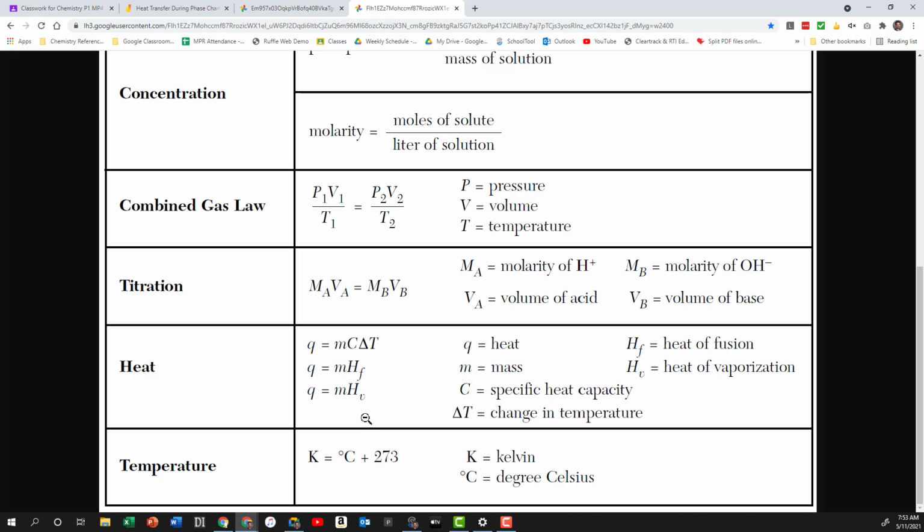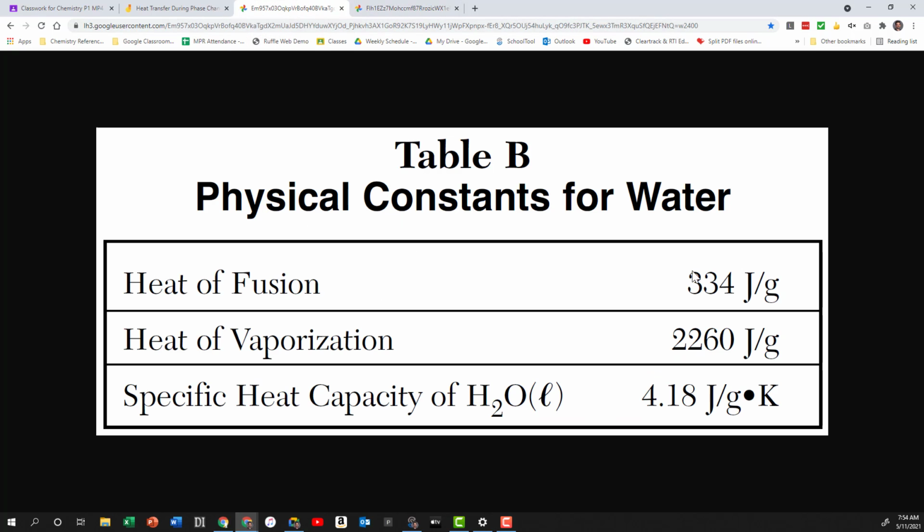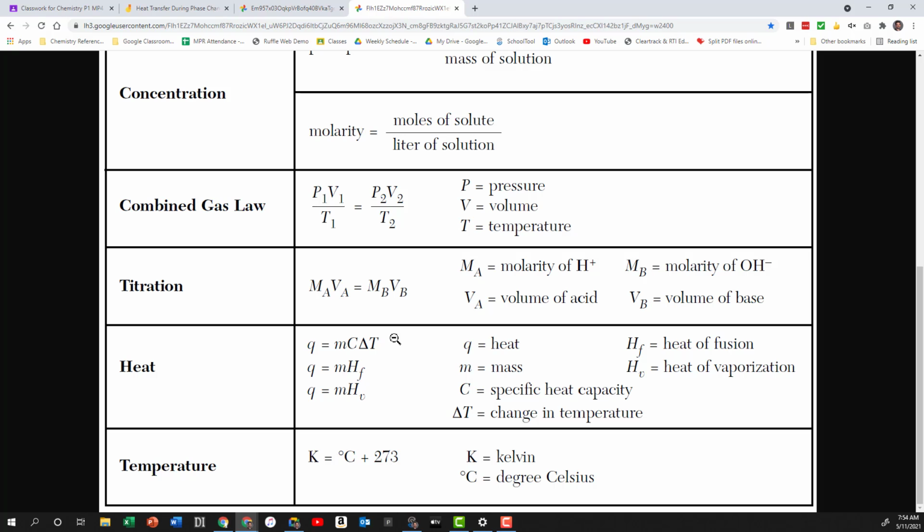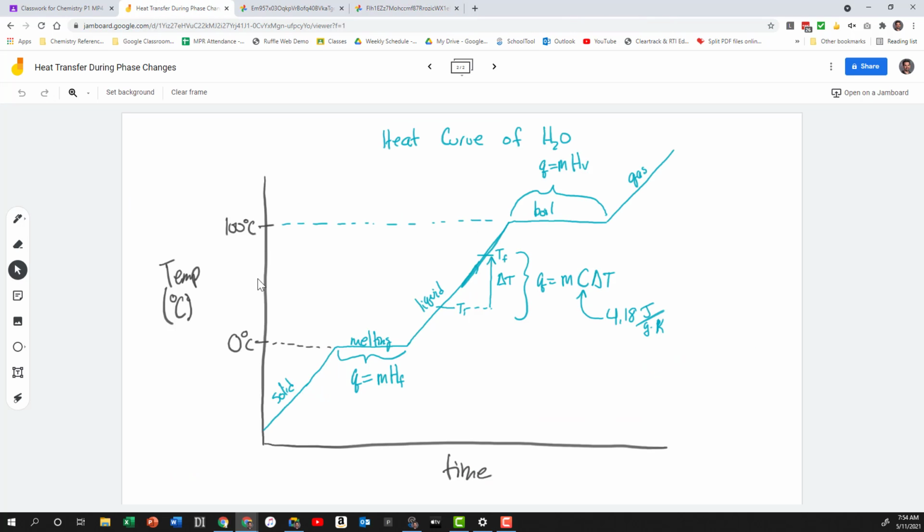And to get the heat of fusion, it's listed right here. It's 330 joules per gram. And the heat of vaporization is 2,260 joules per gram. Notice in these equations, there is no change in temperature. Why? Because during a phase change, there is no change in temperature. You can see that it's flattened out in both of those cases.